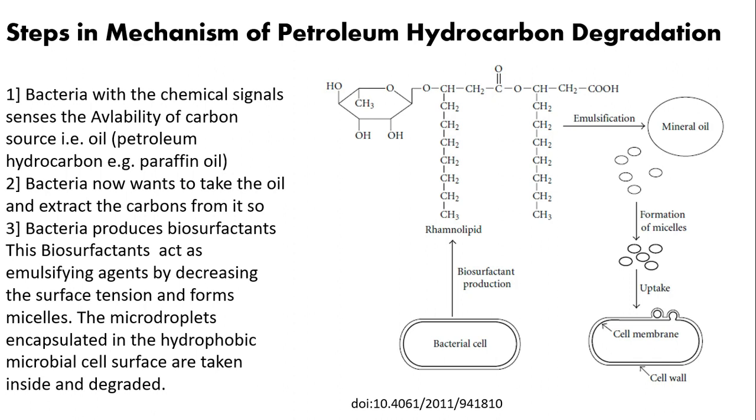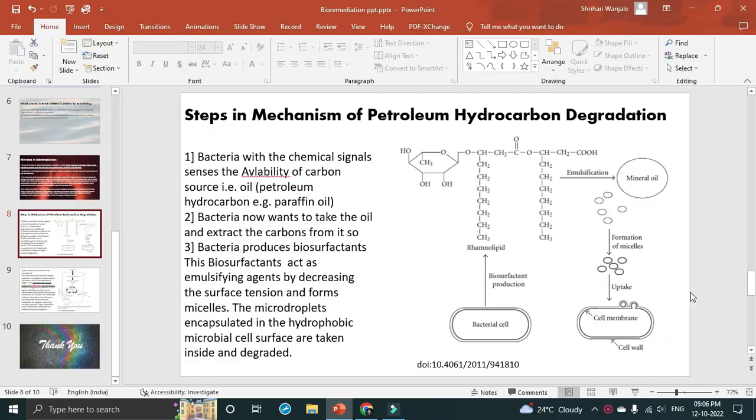So what will it do? It will first produce biosurfactants. These biosurfactants act as emulsifying agents by decreasing the surface tension and form micelles. These micelles can be taken up by the cells via their cell membrane.